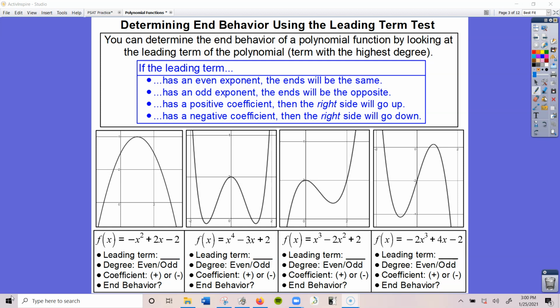So we always have two end behavior statements for every graph: the left side and the right side. So we're going to examine how to find the end behavior just based on the equation. What we're going to do is first determine what the leading term is. And the leading term is always the term that has the highest exponent, or rather the degree.